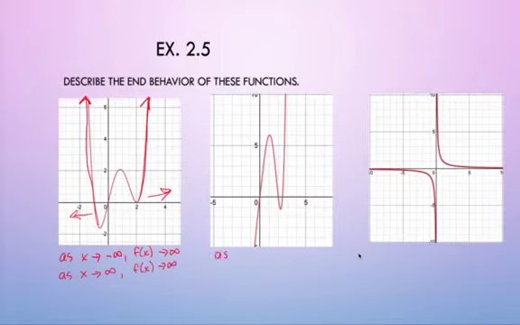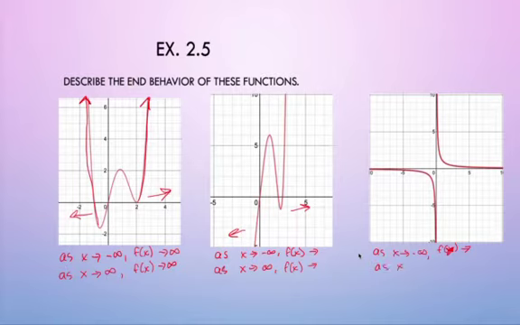So I can go ahead and write this part, because this part is always going to be the same. We're describing the behavior as x approaches negative infinity, which is the left-hand side, and positive infinity, which is the right-hand side. And as x approaches negative infinity, f of x approaches what?